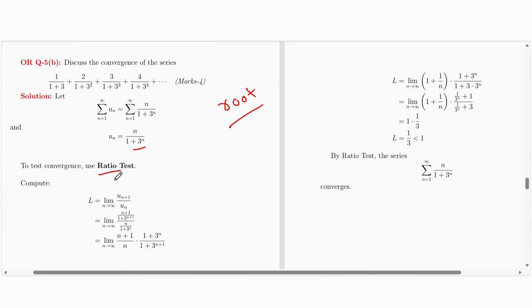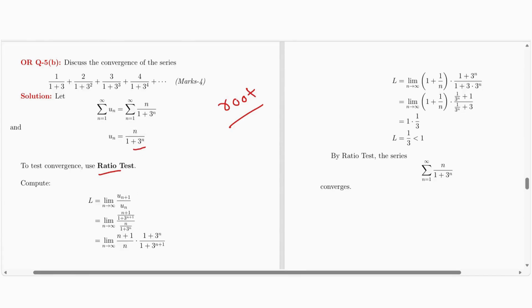For the ratio test, first of all compute the limit L. L is equal to the limit as n tends to infinity of un plus 1 upon un. What is un plus 1? In this, n is replaced by n plus 1. So un plus 1 is n plus 1 upon 1 plus 3 raised to n plus 1, and un is as it is, n upon 1 plus 3 raised to n.